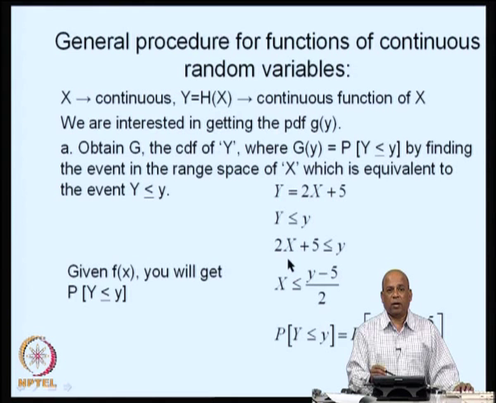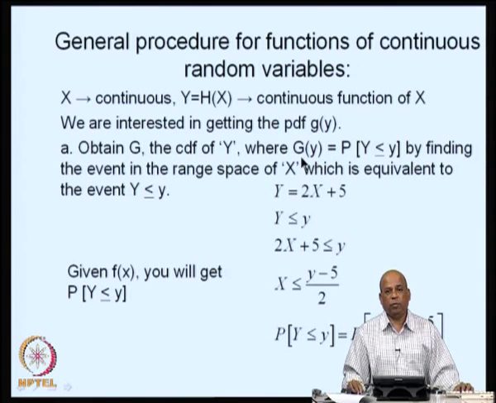And then we can get the probability of Y being less than or equal to y as probability of X being less than or equal to (y minus 5) by 2, which we can obtain because you know the probability density function of x. So, from the probability density function f of x, we will get probability of Y being less than or equal to y. Now, this defines the CDF of y, which is capital G of y.